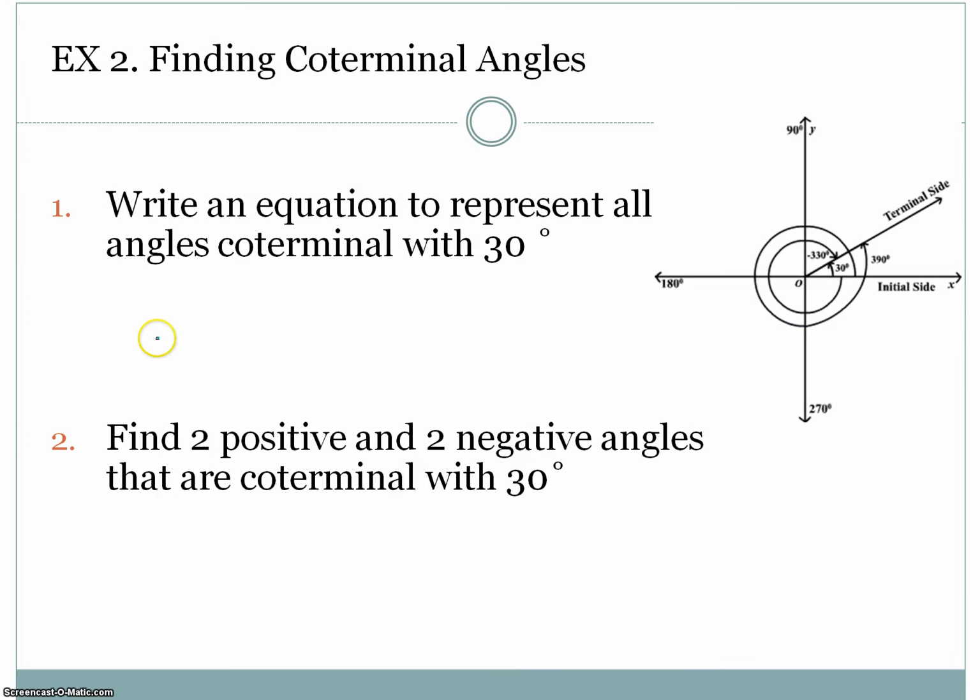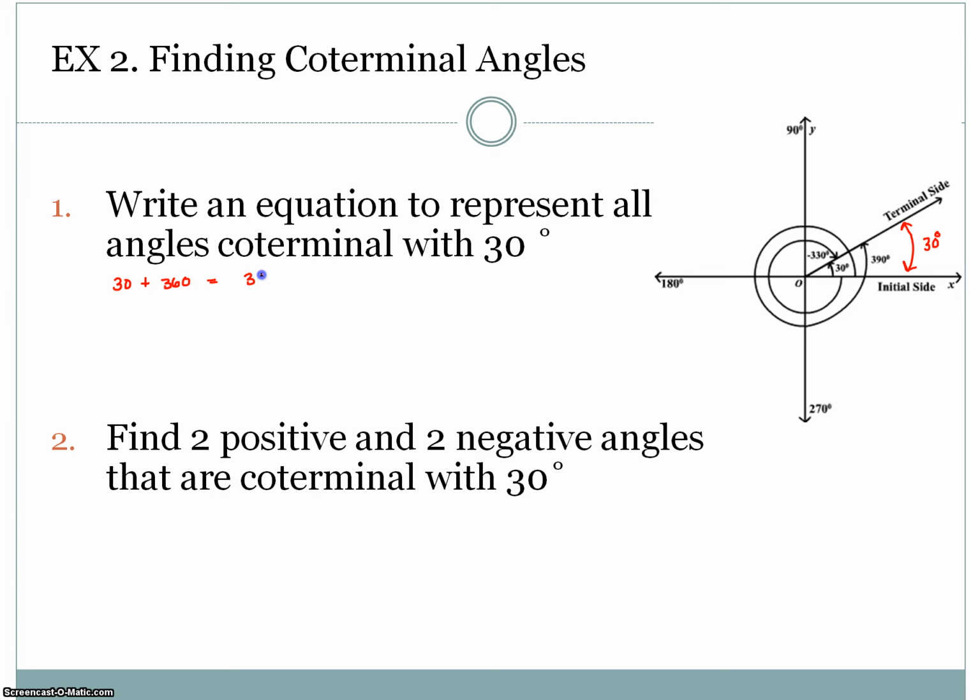So write an equation to represent all angles coterminal with 30 degrees. Right. So here's the initial side and here's the terminal side. And this is my 30-degree angle right here. So how many different ways can I get to 30 degrees? Well, I can do 30 degrees and spin around one full time first.